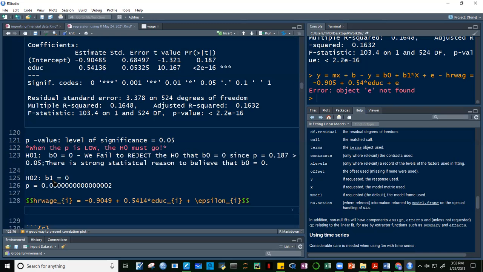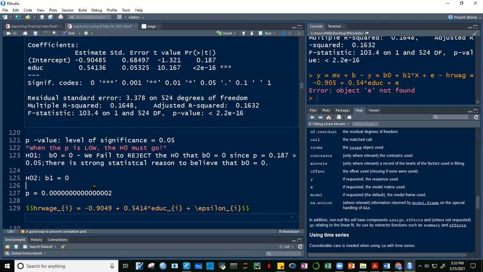Si second hypothesis naman natin, si B1 is equal to 0. Anong conclusion natin? We what? Pakichat nga guys. We reject, correct. Tama, no? We reject the null hypothesis that B sub 1 is equal to 0.